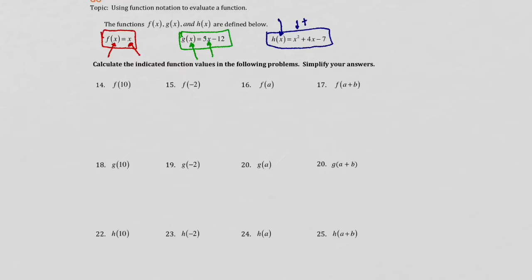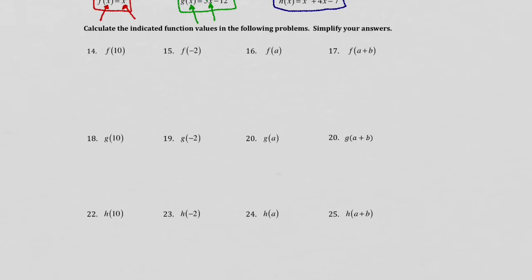And then we're going to add 4 times your original value and then subtract 7. So more or less, you can think about functions as recipes. And our job is to evaluate them given a certain number or a letter in some cases.